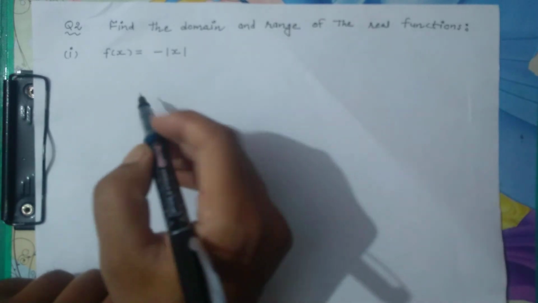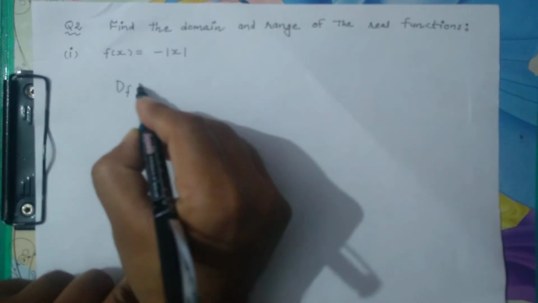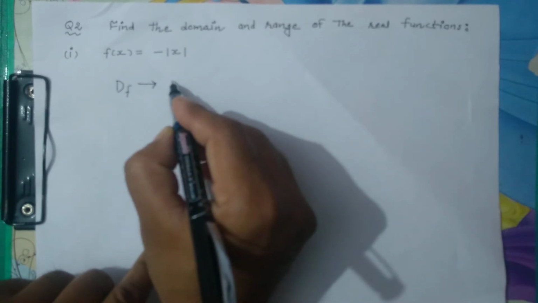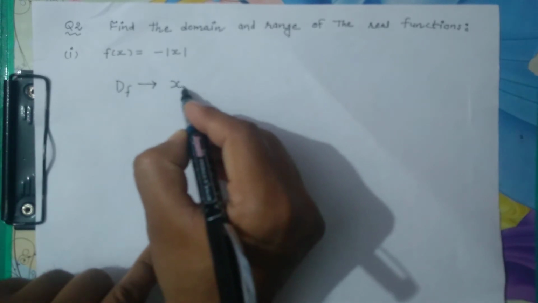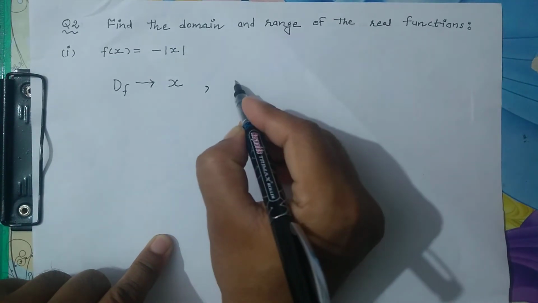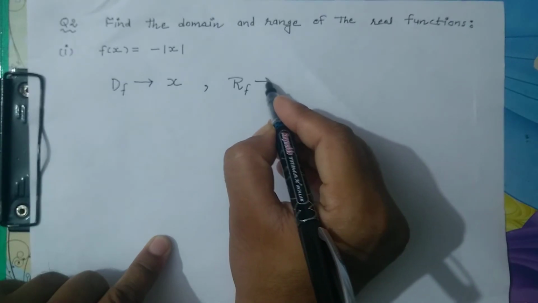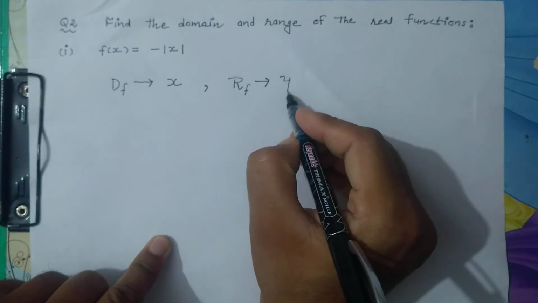So first of all, what is the meaning of domain of the function? Domain of the function means the value of x, finding the value of x. And what is the meaning of range of the function? It means finding the value of y.